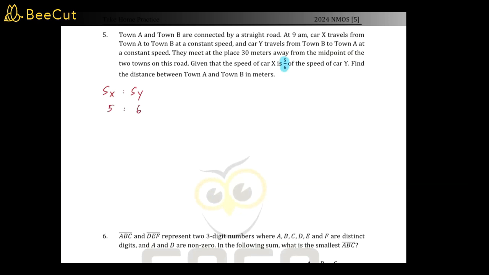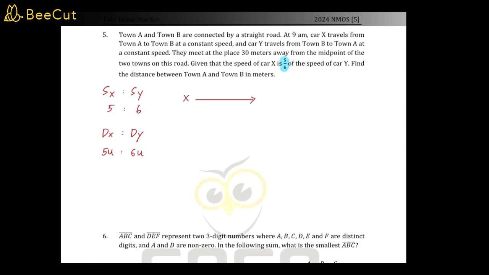Now, because they travel the same amount of time, so the distance traveled follow the same ratio. Distance traveled by car X, let's say this is 5U, then distance traveled by car Y is 6U. So let's draw a diagram.